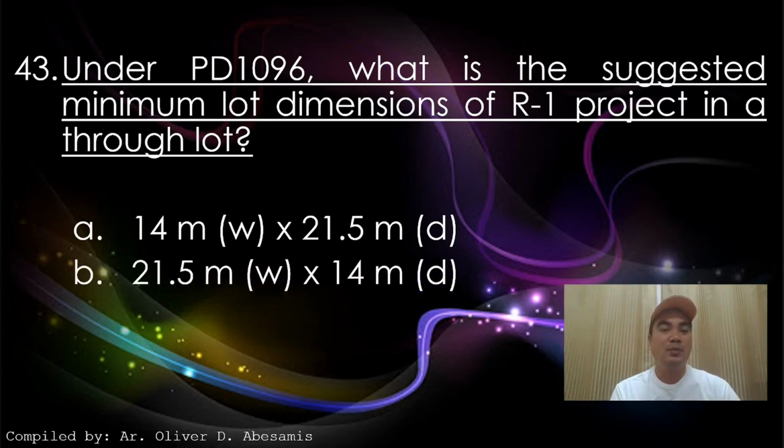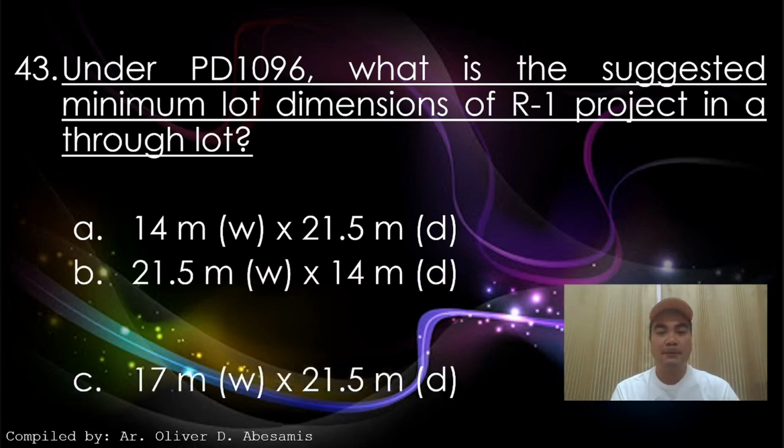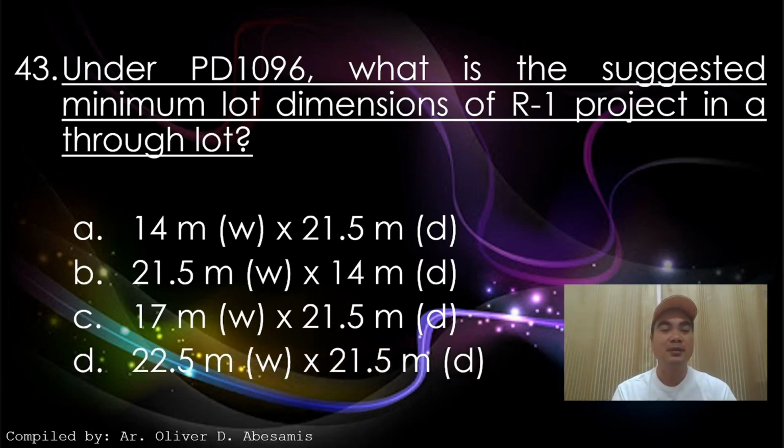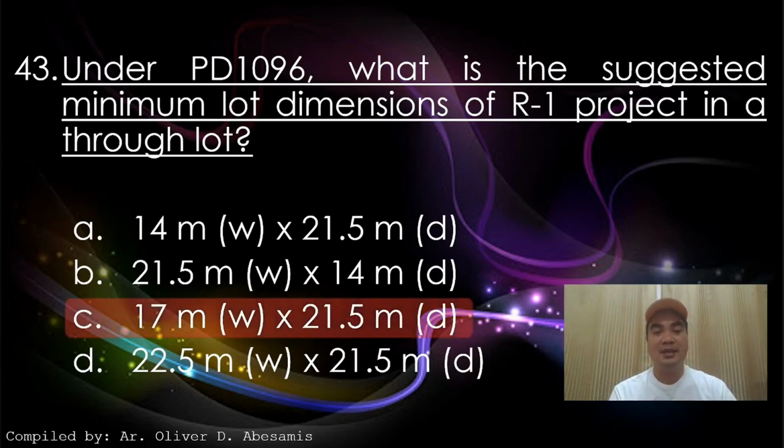B. 21.5 meter wide by 14 meter depth. C. 17 meter wide and 21.5 meter depth. D. 22 meter wide by 21.5 meter depth. Answer? C, 17 meter wide by 21.5 meter depth.